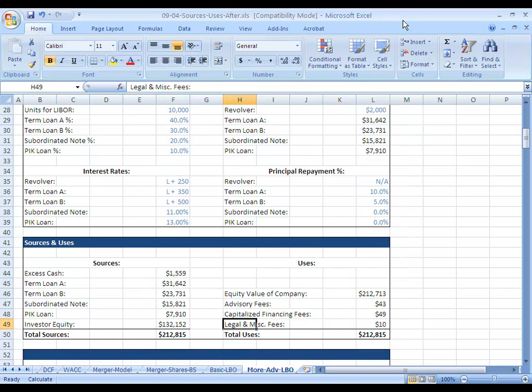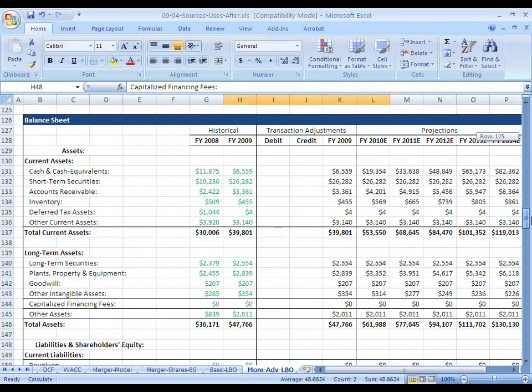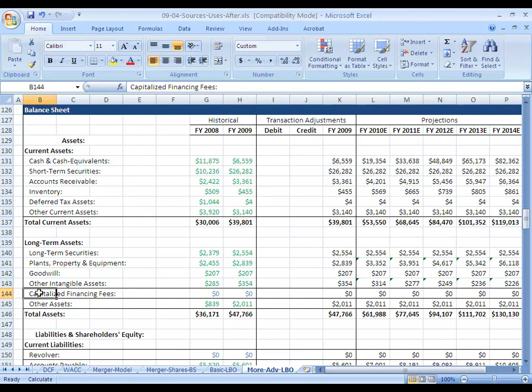Another question you may have is, why is it that we have capitalized financing fees? What do I mean by capitalized financing fees? Well, with advisory fees and with legal and miscellaneous fees, the assumption in most models is that you pay for these immediately, whereas with financing fees, these actually go on the balance sheet and are capitalized just like any other asset, which is why we have this new line item for capitalized financing fees right here.